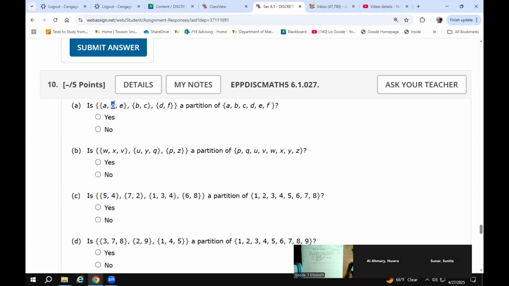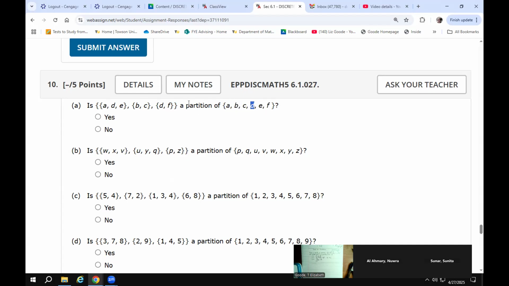Let's check d. Uh-oh. d appears here and appears here. And that means that the intersection of this set that has a, d, and e in it with this set that has d and f is not empty. There's an element that's appearing in 2 different subsets. That makes it fail to be a partition, because each element of the big set A has to be in exactly one of these subsets.